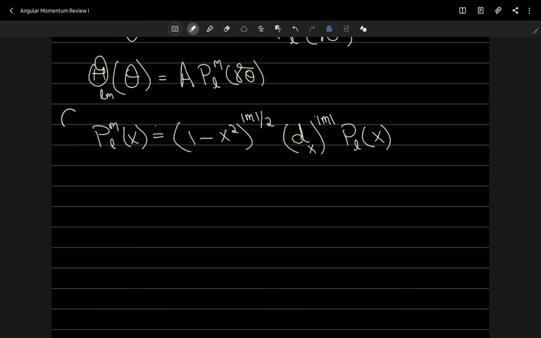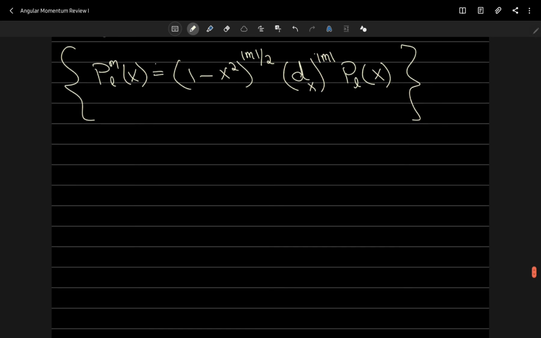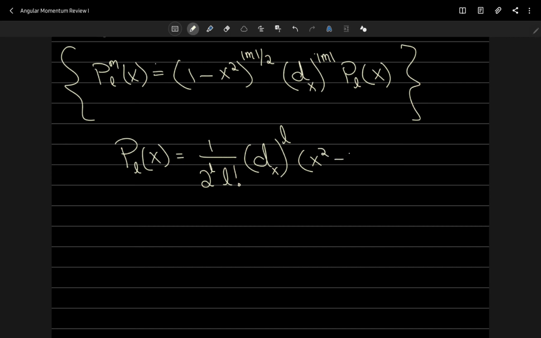Now in this definition, what is P_l? P_l of x is the lth Legendre polynomial, and we can define P_l(x) as 1 over 2 to the power l times l factorial, times the derivative with respect to x to the power l, of (x squared minus 1) to the power l. And that's how you define the Legendre polynomial.